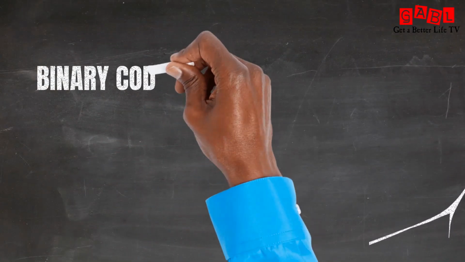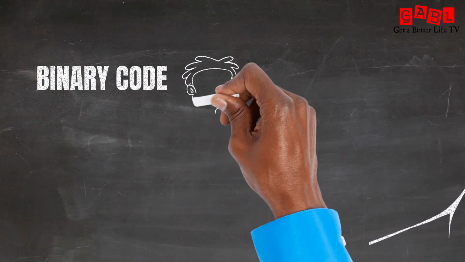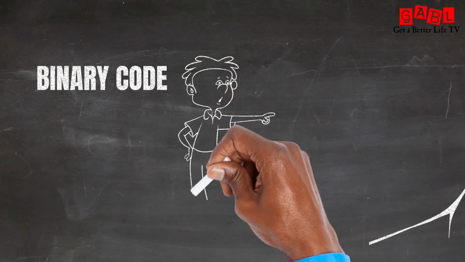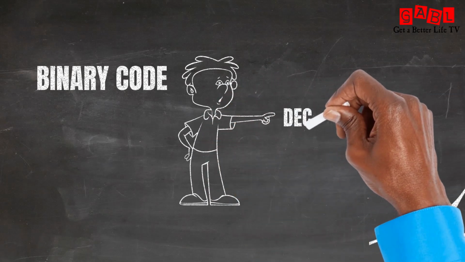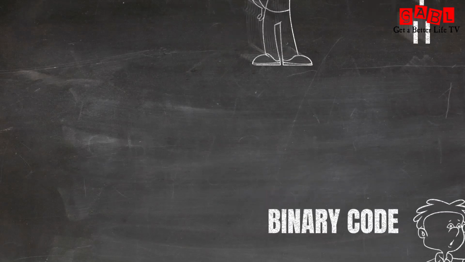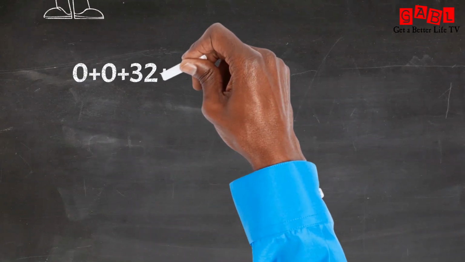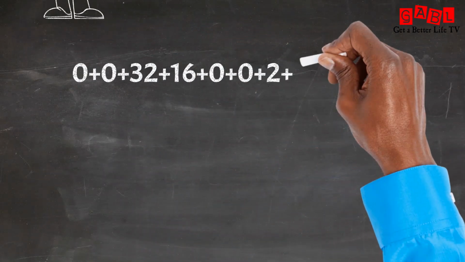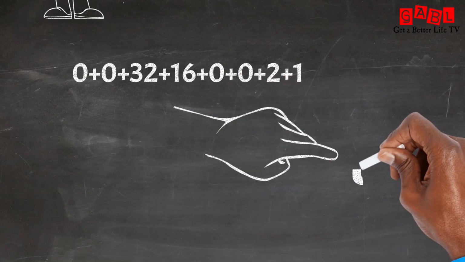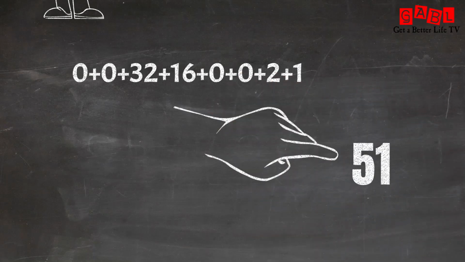Now, converting this binary code to its decimal equivalent, we have these. This calculates to 0 plus 0 plus 32 plus 16 plus 0 plus 0 plus 2 plus 1, which sums up to 51.